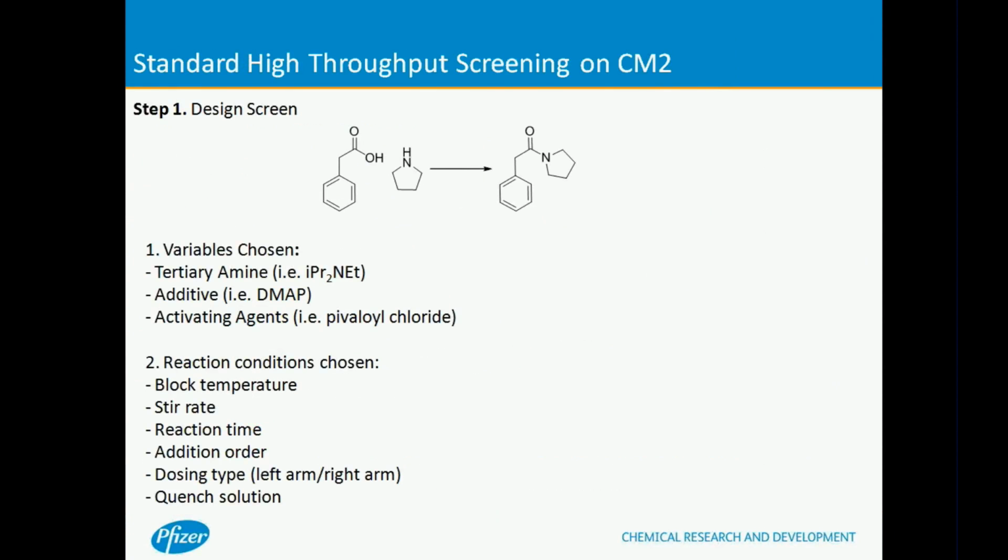Oftentimes, there's only minutes between your first and final addition into a vial. But when you're dosing with an automated system, it will take some time to dose through all of the reagents into all of the vials. And so you have to consider that when you're planning a reaction. This reaction was actually designed to include 144 different conditions.